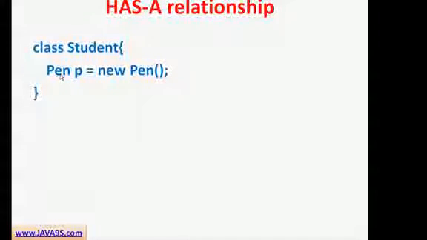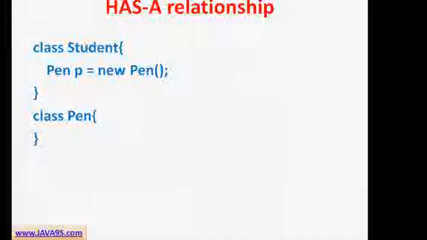I have to declare a separate class pen, and mention all the methods and variables that go into pen. So student can just refer to pen itself, but need not bother about what data types or methods have been declared inside pen.